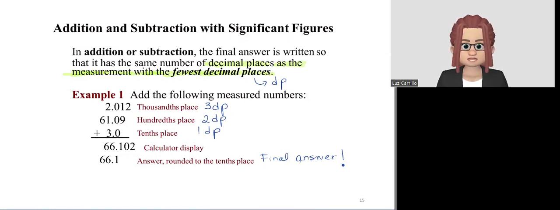So even though our calculator display is 66.120, our final answer is 66.1 because this rounded number has 1 decimal place. And that is in the case that we are adding or subtracting measured numbers.